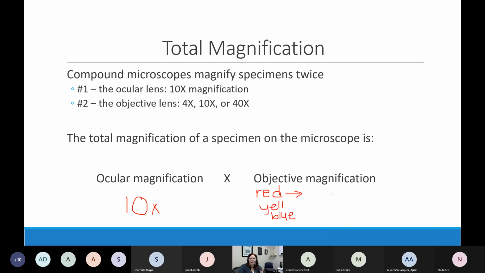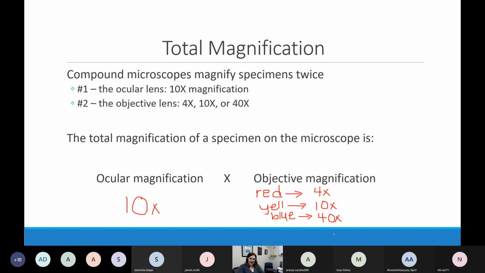Bless its heart, the little red one. Yeah, everybody's right. Little red makes things 4 times bigger. Not too impressive, right? But it's something. When that yellow one, the low power, is in place, that's my middle one on the list, that's 10 times bigger. And that blue one, by itself, makes things 40 times bigger.